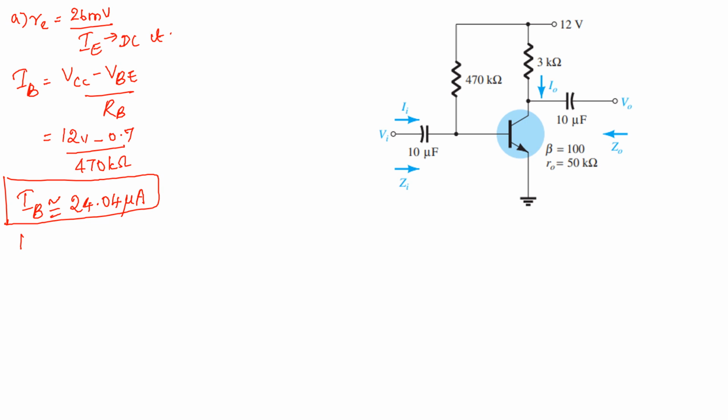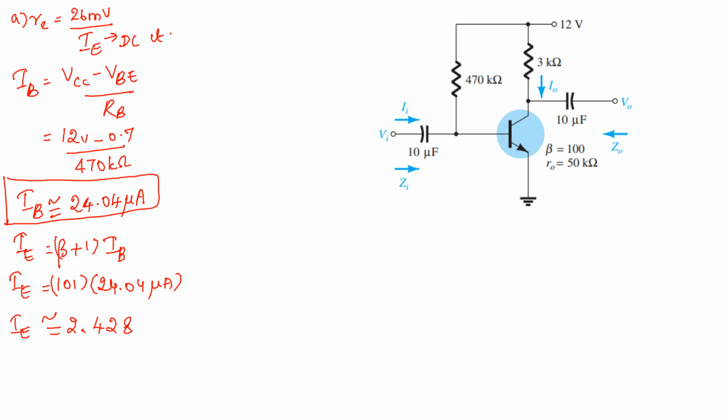Now what is the relationship between IE and IB? You know that IE is equal to beta plus 1 into IB. What is the value for beta? Given is 100, right? So 101 into IB, which is 24.04 microampere. So IE will be approximately equal to 2.428 milliampere.